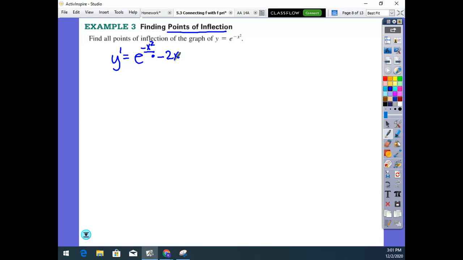So then once we do the second derivative, we have product rule because e is being multiplied times negative 2x. So we have the first times the derivative of the second plus the second times the derivative of the first, which is your e chaining on the negative 2x.